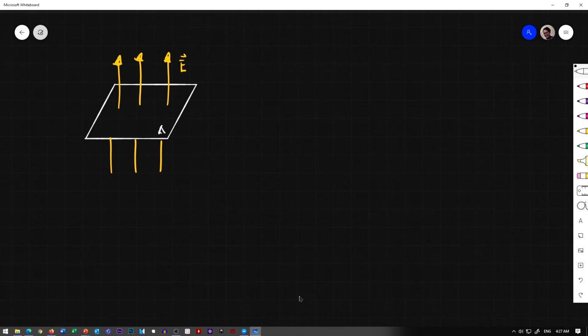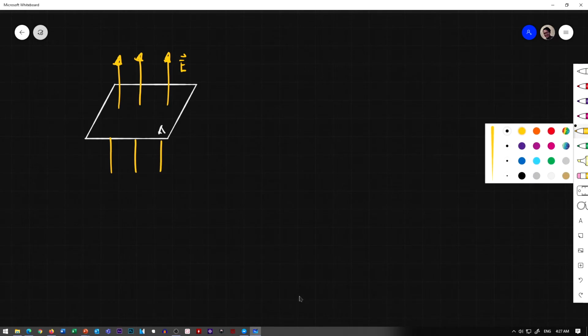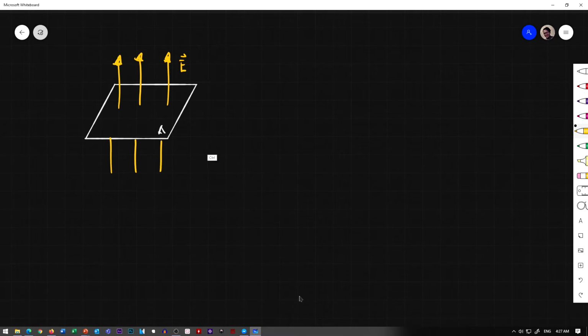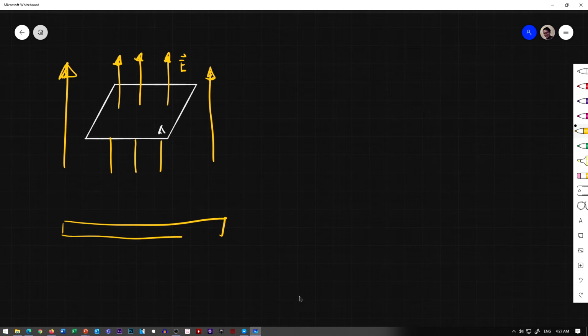Of course there will be electric field passing here, then there will be electric field that's passing here if, let's say, the source is a uniform electric field, something like this.